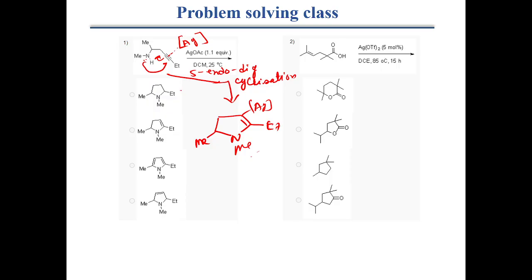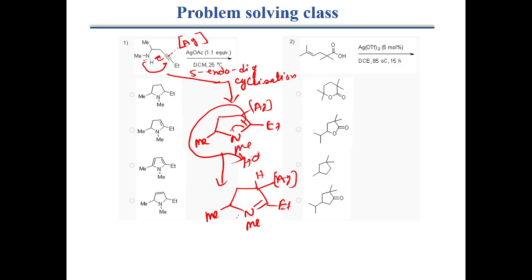Next, the nitrogen lone pair reacts with H plus, and it will give this one, proton silver. Now this iminium will form.